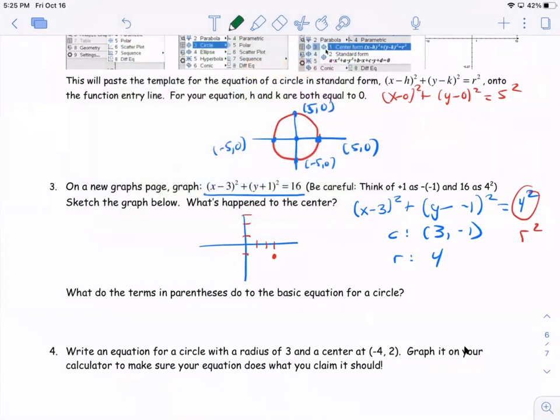So if I count up 4, 1, 2, 3, 4, this point up here is going to be (3, 3). I'm going to count down 4, 2, 3, 4. That point's going to be (3, -5). I'm going to count right 4. So I was at 3, so I have to go to 4, 5, 6, 7. So this is (7, -1), and left 4, 1, 2, 3, 4.